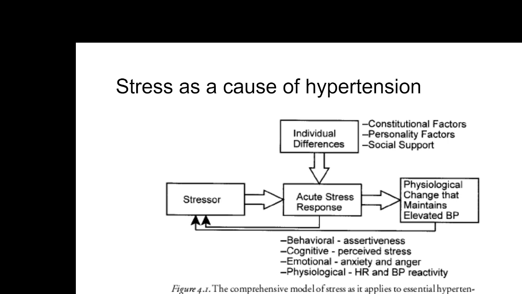Anyway, that's about the current situation regarding the complications of hypertension and the perception. Now, stress as a cause of hypertension is another real issue. It is now well studied, and behavioral stress, cognitive stress, emotional stress, as well as physiological stress are considered to be causes of hypertension, resulting in an acute stress response, which is considered one of the major issues.